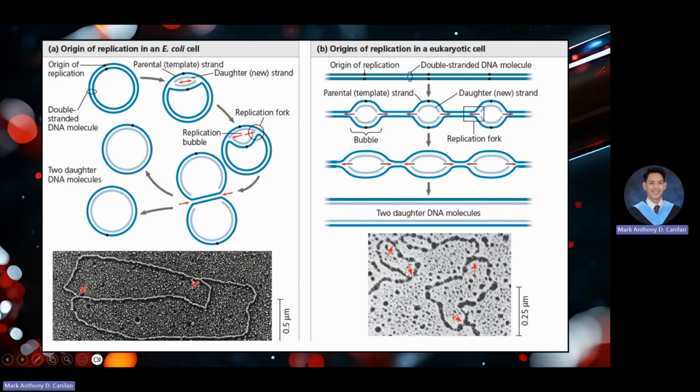In the microscopic view at the lower right part, we can see the bubbles that are formed within a long strand of the DNA. If we have no bubbles and it is not replicating, it would be just a long strand. But in our case, we can see the formation of lots of bubbles because DNA is replicated.